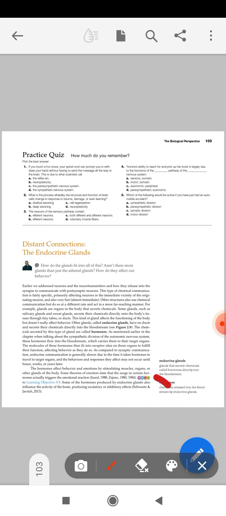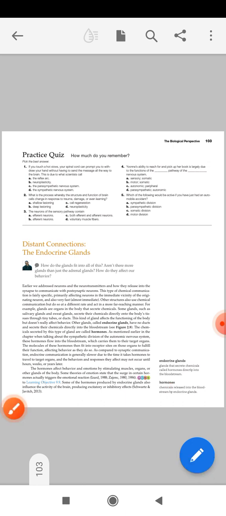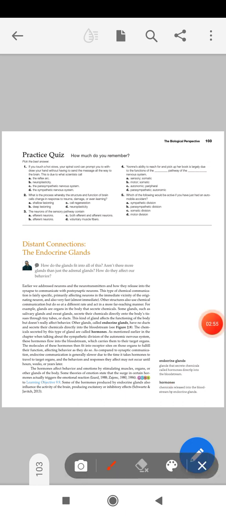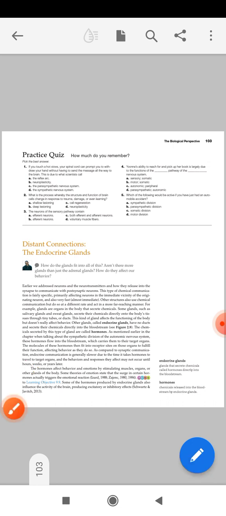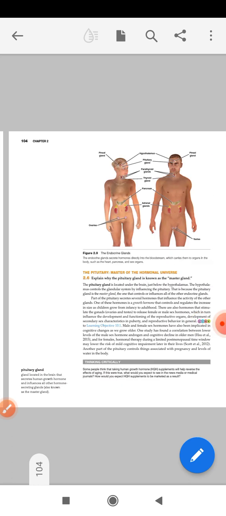So we will mostly study endocrine glands. Hormones affect behavior and emotions by stimulating muscles, organs, or other glands of the body. That's all about hormones, and that's enough to know why we are studying these hormones.